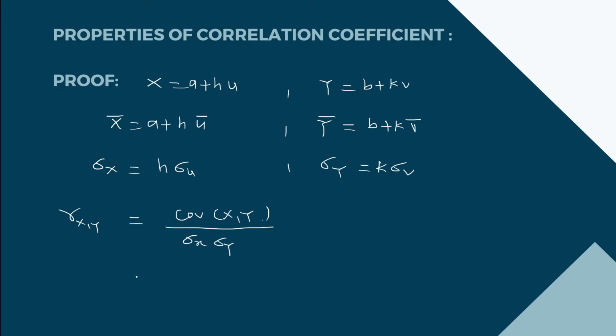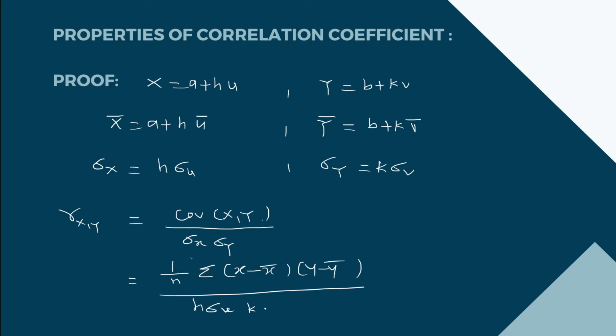By putting the formula, we get 1 upon n summation (x minus x bar)(y minus y bar) divided by, here sigma x is h into sigma u, k into sigma v. I will substitute the value of x, x bar, y and y bar from this equation number 1.